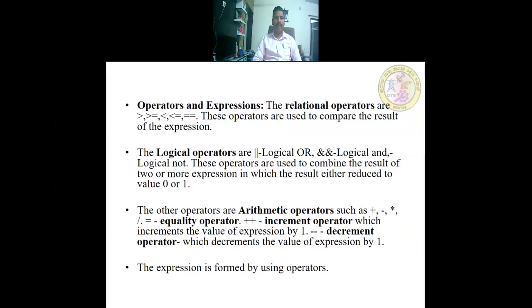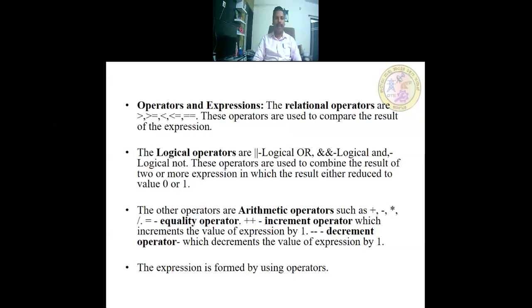The next operators are arithmetic operators. Plus is used for addition, minus for subtraction, star for multiplication, and slash for division. These operators are used in arithmetic expressions.